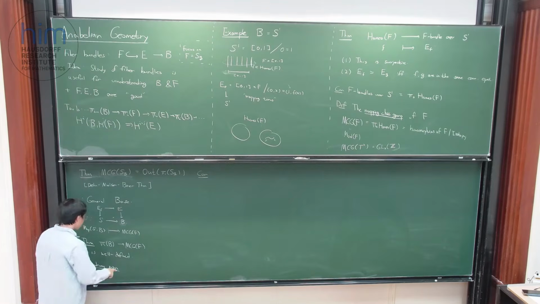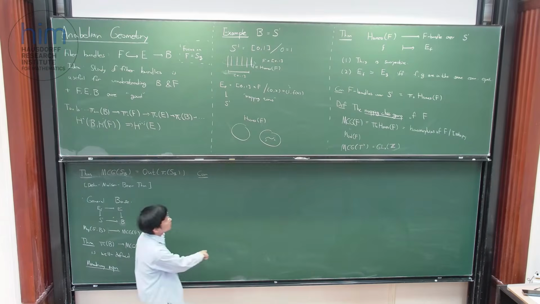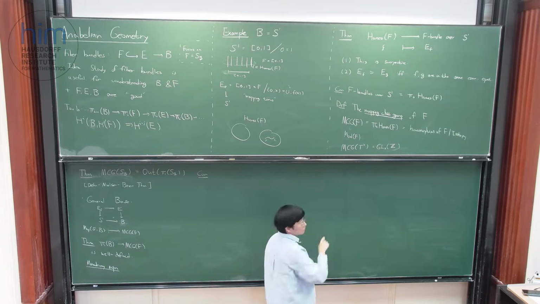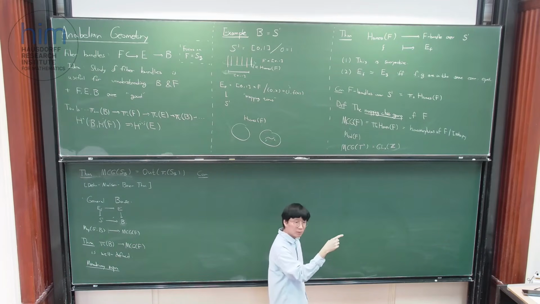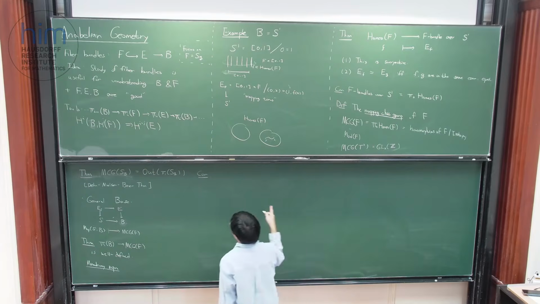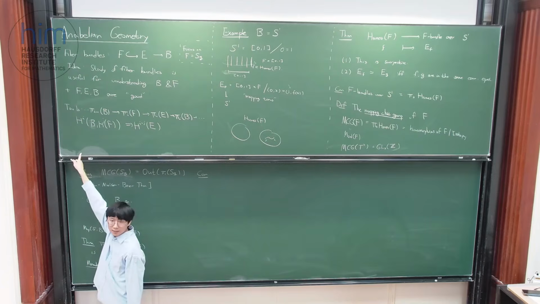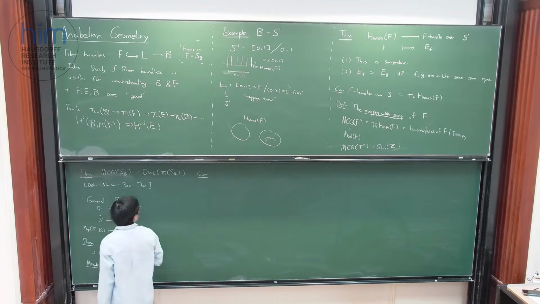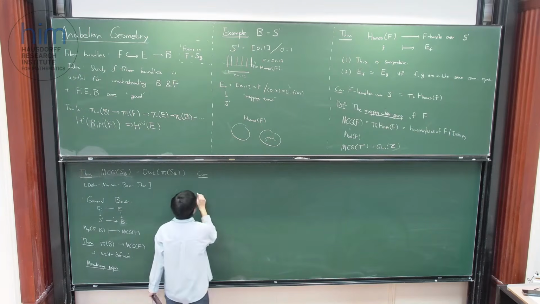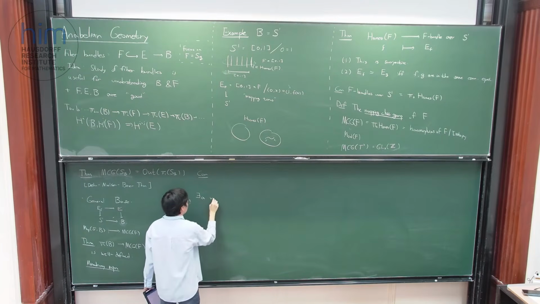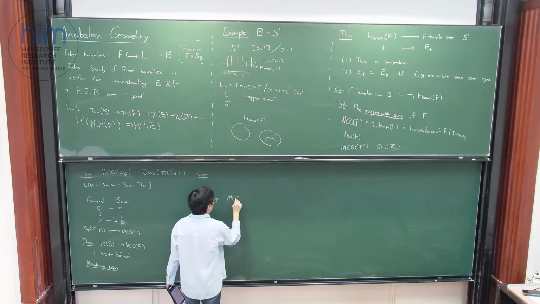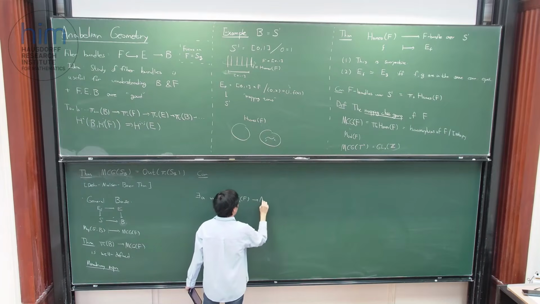Because the mapping class group is basically the pi_0 of the homeomorphism group. And if you have a homeomorphism of F to itself, then it obviously acts on H_j of F, and this action is homotopy invariant. So there exists a map from the mapping class group of F to the automorphism group of the degree j cohomology.